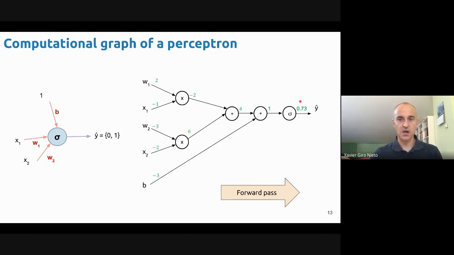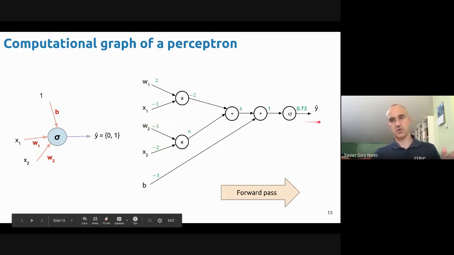So you see here, if you follow in detail, that at the output of this computational graph we have a result of 0.73, whatever this value means. When we go from the input values to the output of the network, we talk about the forward pass of the computation.